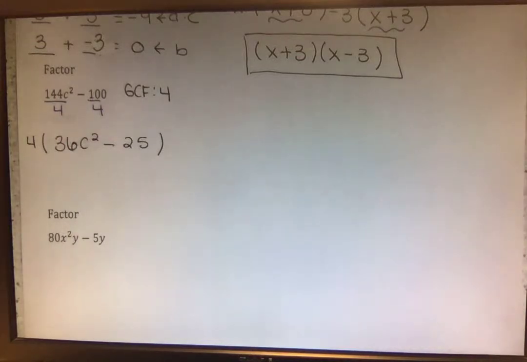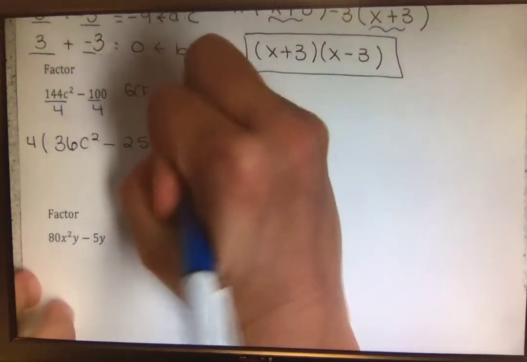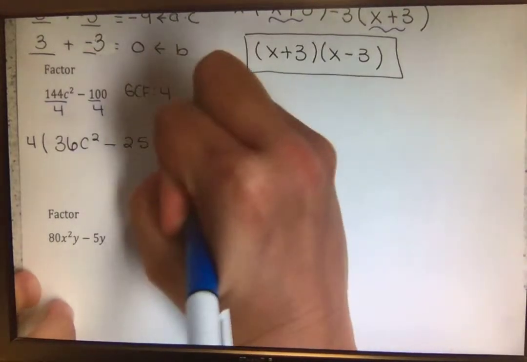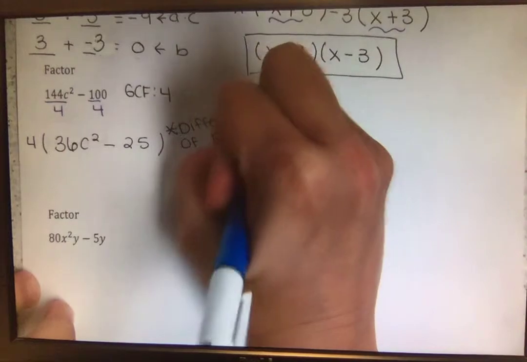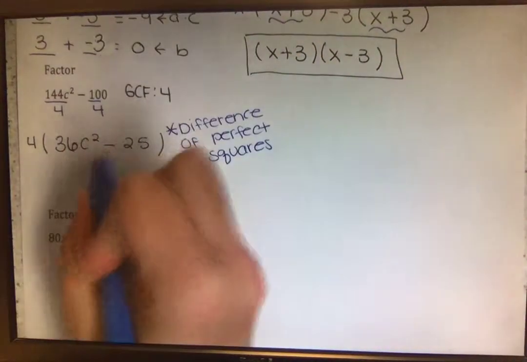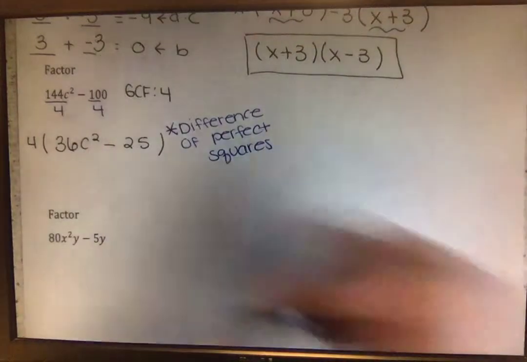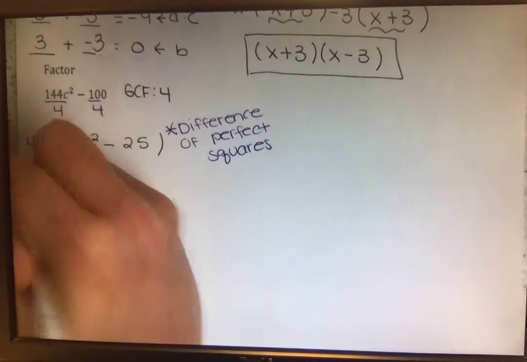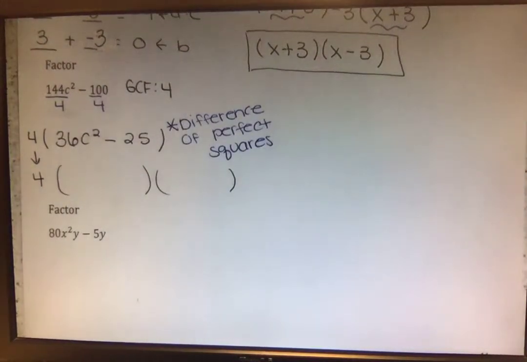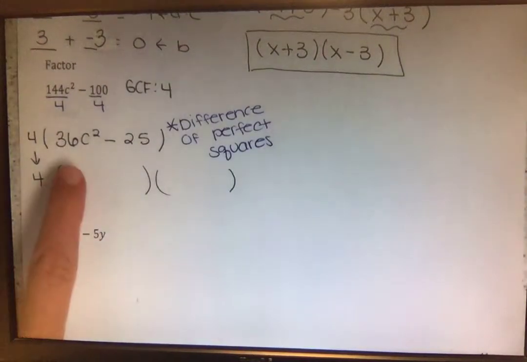If you notice, this is another difference of perfect squares. Difference means subtracting. We are subtracting 2 perfect squares. So 4 is just our GCF, it's just hanging out front. Let's use that little shortcut we came up with last time. So 36c squared is a perfect square.